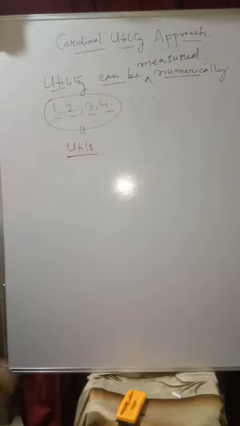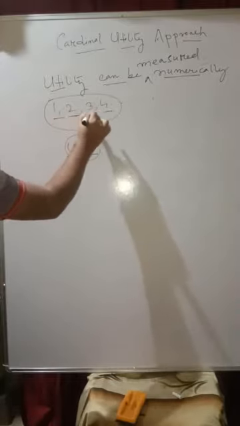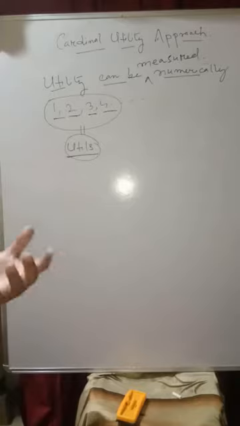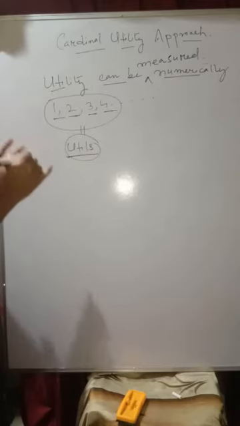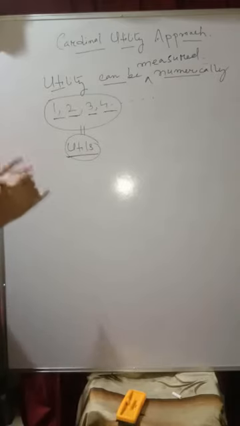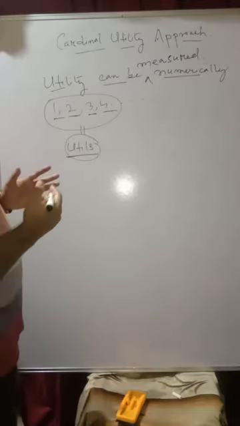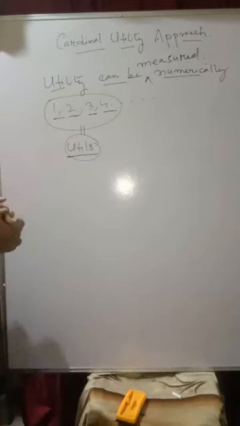So under the cardinal utility approach, utils are the numbers through which you can express your level of satisfaction that you derived out of your consumption.